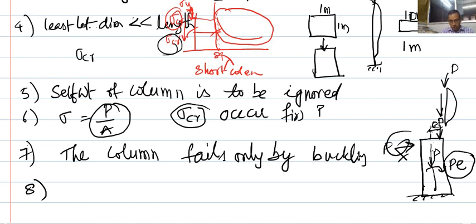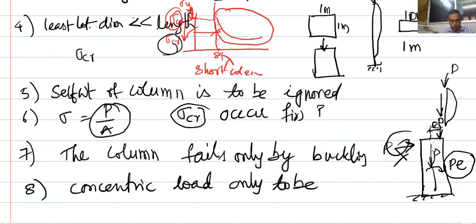So this also should not be there, and eccentric loading should not be there, concentric loading should be there. That means only concentric load is to be applied, and the columns and its supports have no imperfections.